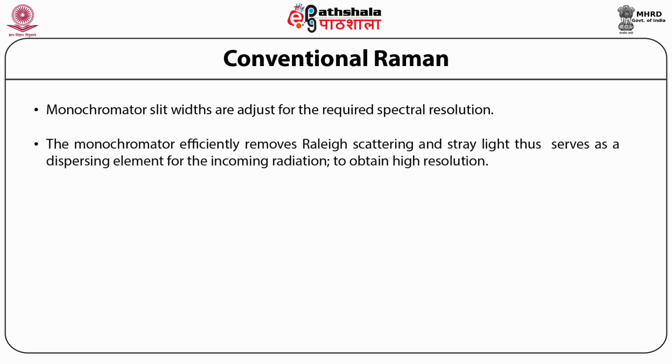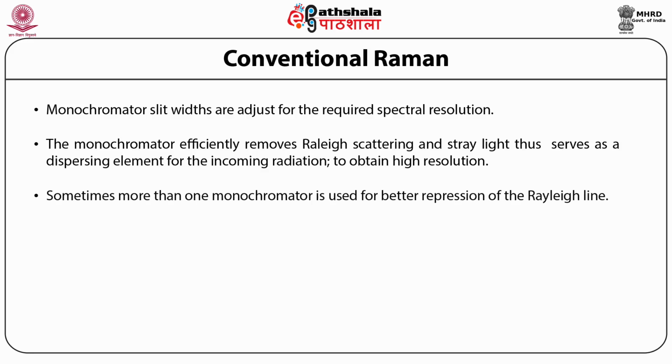The monochromator efficiently removes Rayleigh scattering and the stray light, thus serving as a dispersing element for the incoming radiation. This is to obtain high resolution. Sometimes more than one monochromator is used for better suppression of the Rayleigh line.